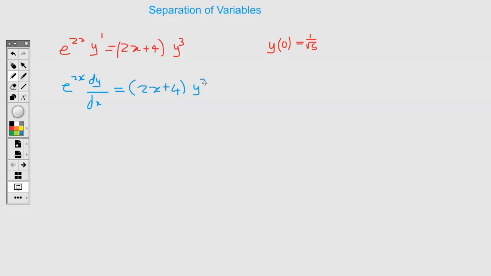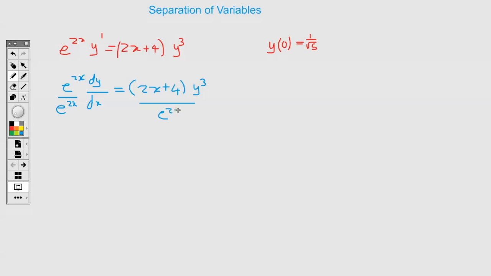Separation of variables means that I get x on one side and y on the other side. So the norm is for us to get y on the left and x on the right. This is e to the 2x, so we have to get it on the right. So we will divide both sides by e to the 2x. That's the only way I can get it on the other side.